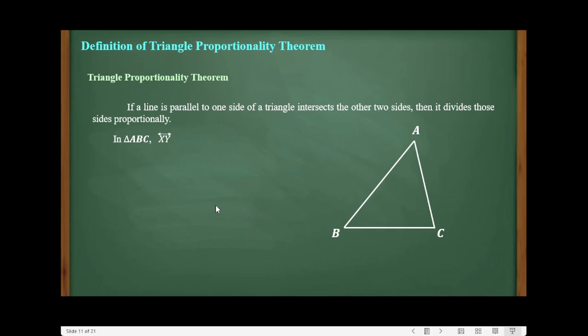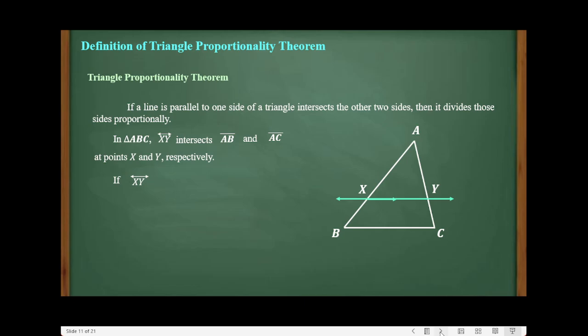In this triangle, we have line XY passing through the two sides of this triangle at points X and Y. Or the line intersects segment AB and segment AC at points X and Y respectively, as you can see from the figure.